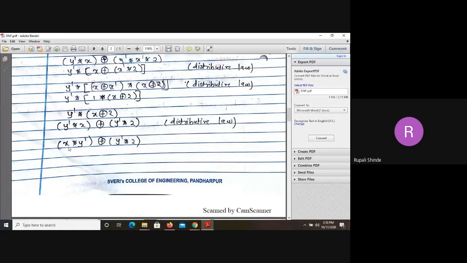So this is called as sum of product, because this is sum and this is product. So again this product means what? It is a minterm. So all the minterms, that is all the variables of that minterm are connected by star operation.